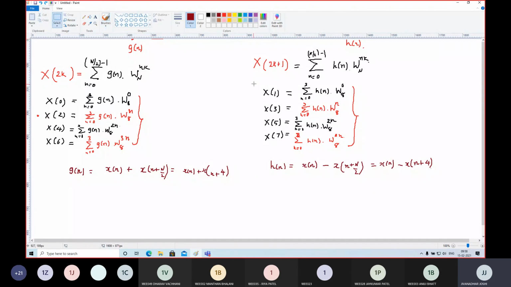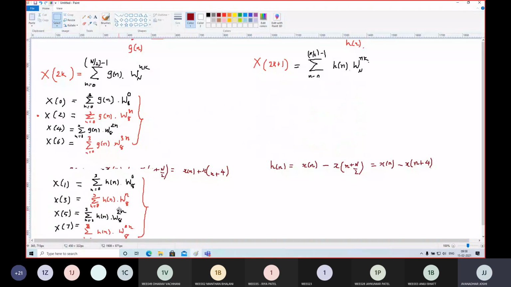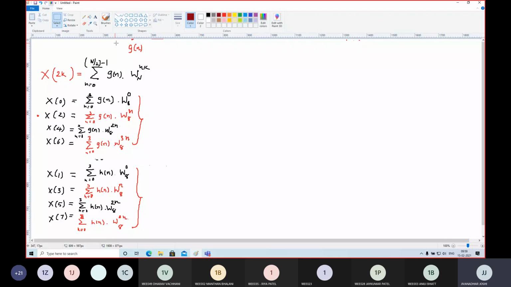Let me put these equations just below it, remove the rough work we have done, and now we are ready to draw the butterfly diagram.